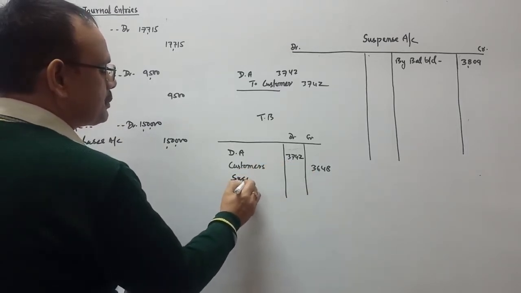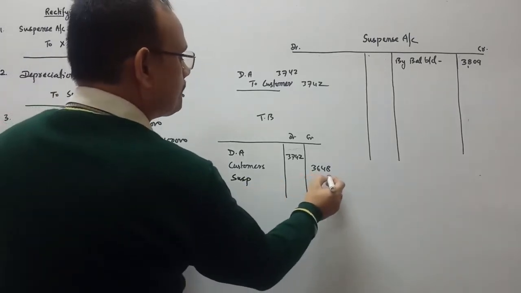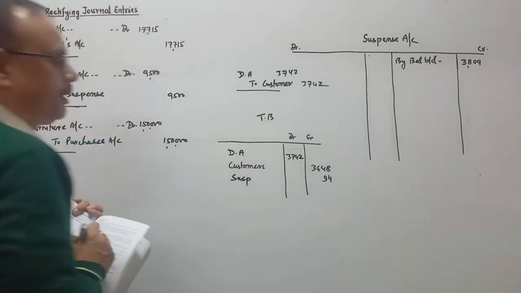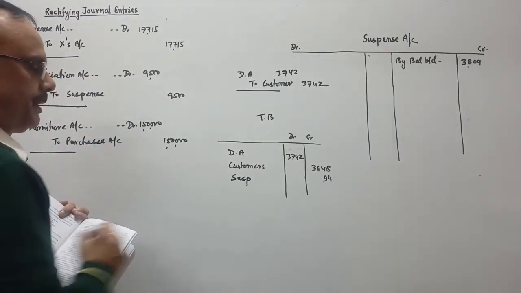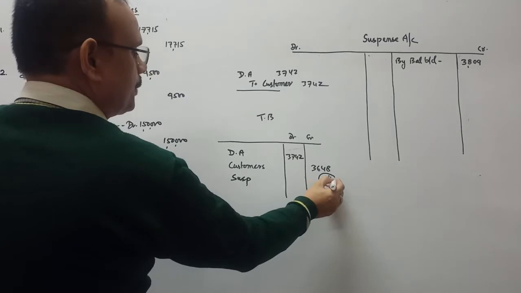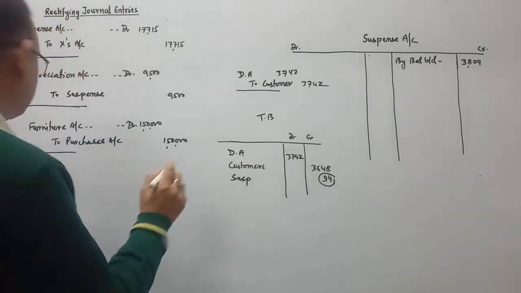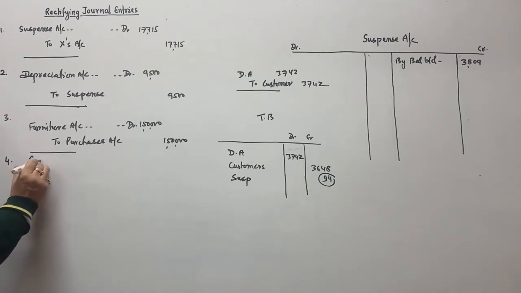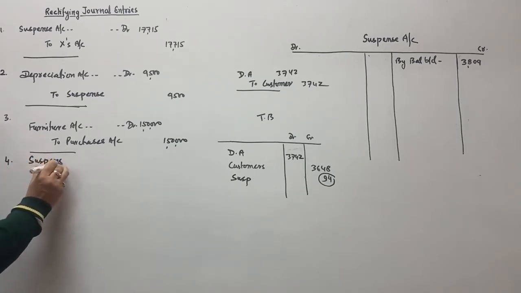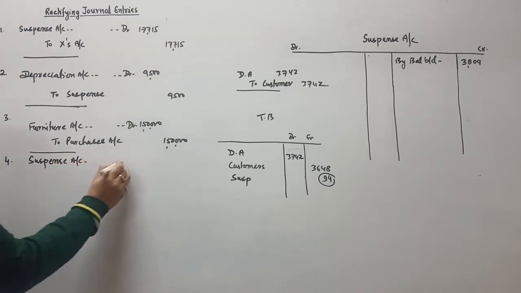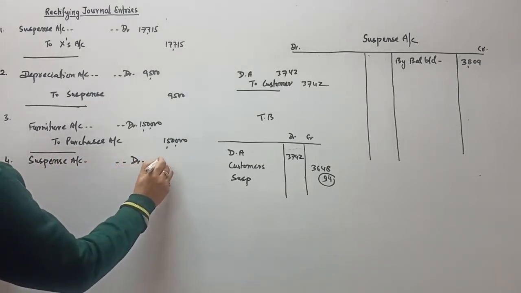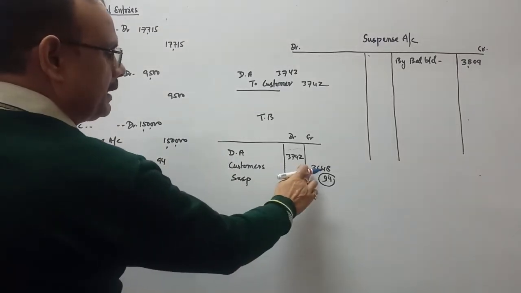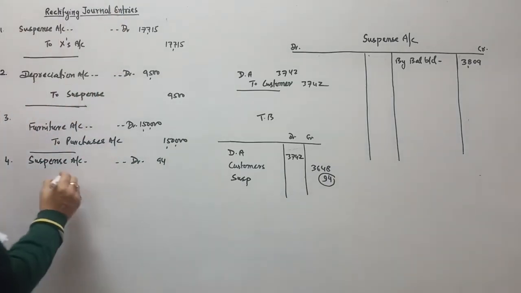So the debit is more and credit is less. Because of that, the suspense account has opened by 94 rupees. That is the difference. In rectification number 4, suspense will be debited. To cancel the suspense account, we have to debit the suspense account by 94 rupees. And the mistake is in which account? Customer's personal account. We have written 94 rupees less, instead of 3,742 we posted 3,648.